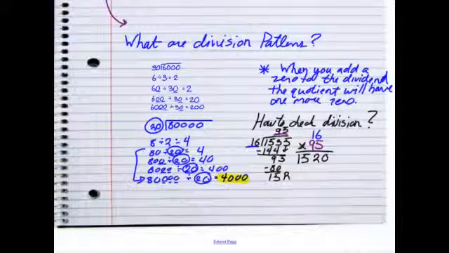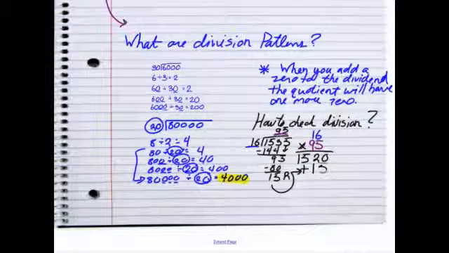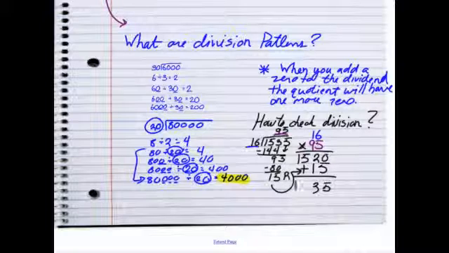Now that doesn't equal 1,535 just yet because we haven't accounted for the remainder. So if I add that 15 remainder, I get 1,535. This number is equal to my dividend, and therefore my long division was correct and I got the right answer. So that's a great way to check your long division problems.